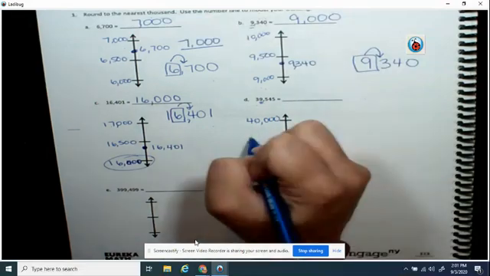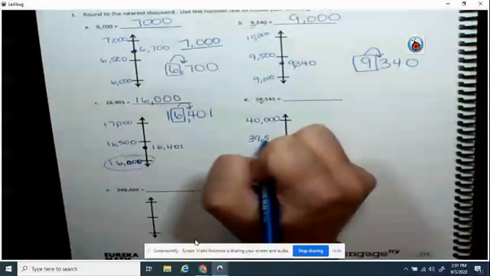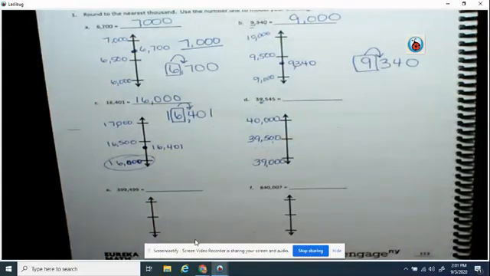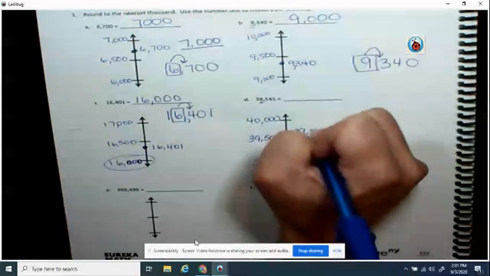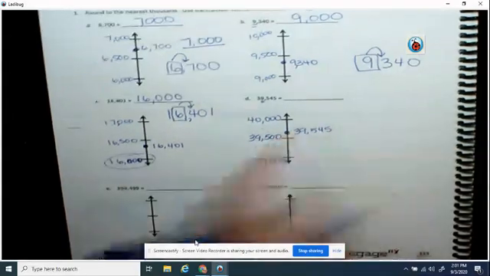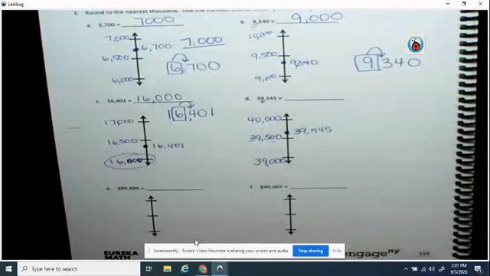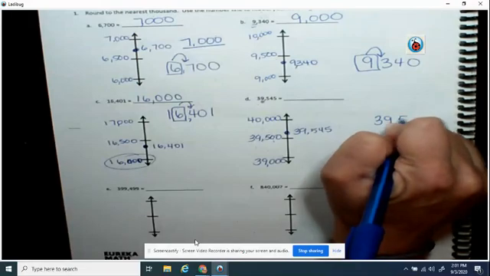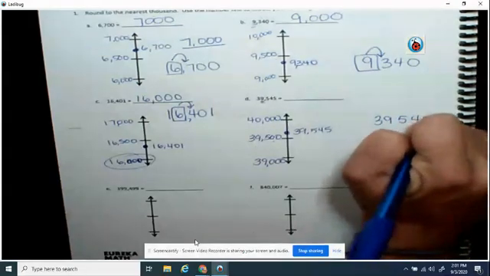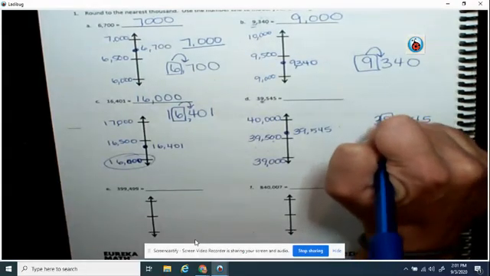Okay, and then in the middle, about 39,500. Then we have to find this number right here, 39,545. Put this dot here. 39,545 is just a tad bigger than 39,500. And so when I look at this number, 39,545, I focus on rounding just this thousands place.